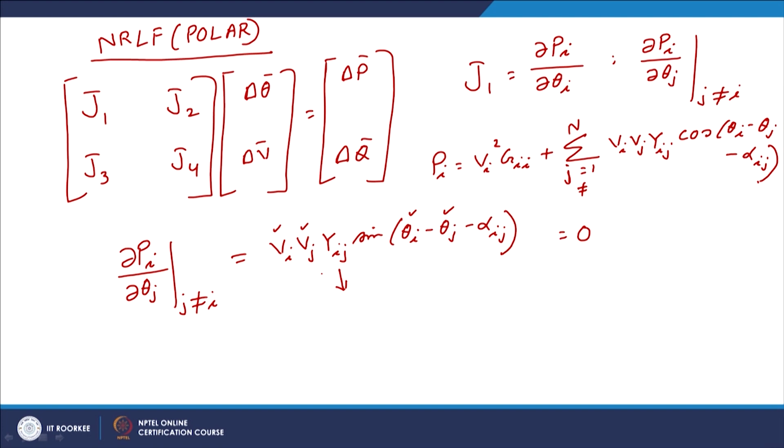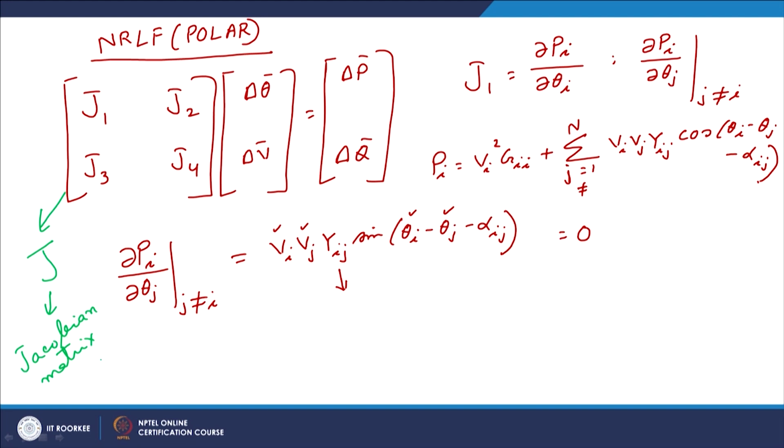So, because matrices J1, J2, J3, J4 individually can have many 0 elements, overall this big matrix J, the Jacobian matrix, will also have many 0 elements.